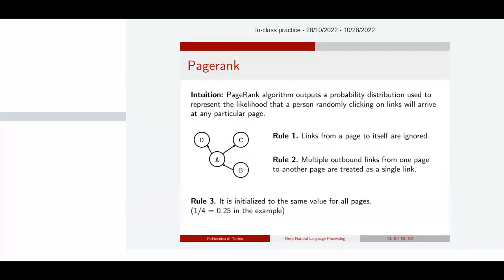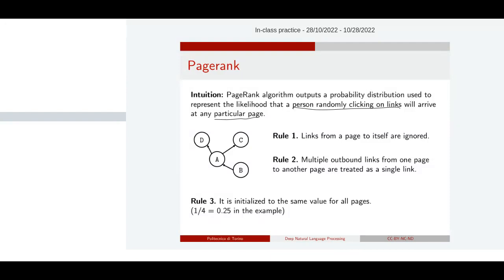So for this specific page, I have the probability of being here if I perform a random walk over the graph. So the idea is that a person is randomly clicking on links, and what is the probability that they will arrive at a particular page?